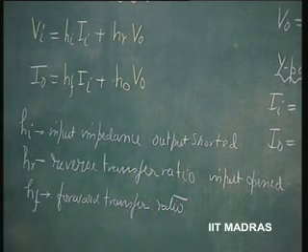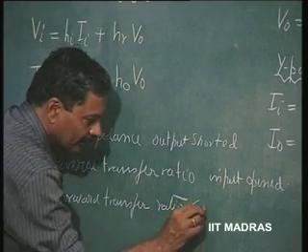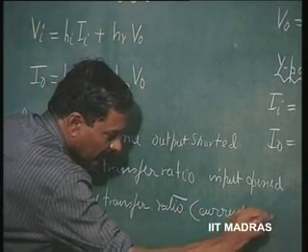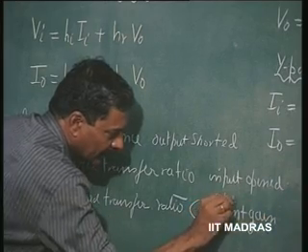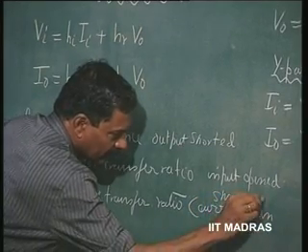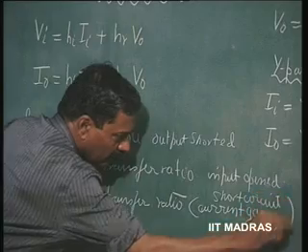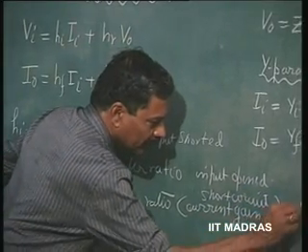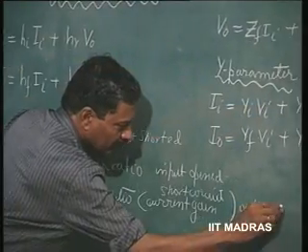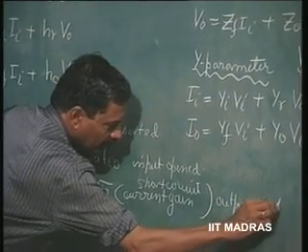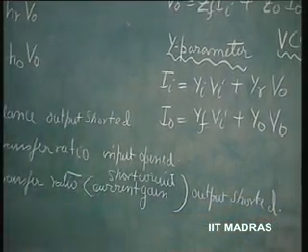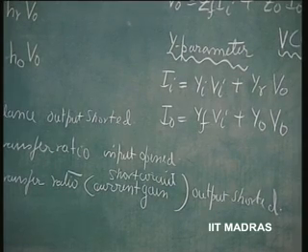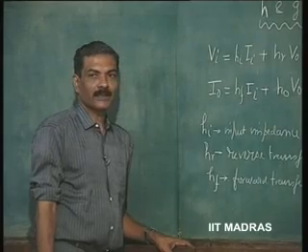This is called current gain or short circuit current gain, because output is shorted. Hf is short circuit current gain, I naught over Ii.